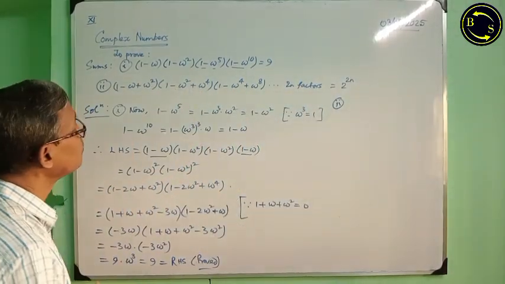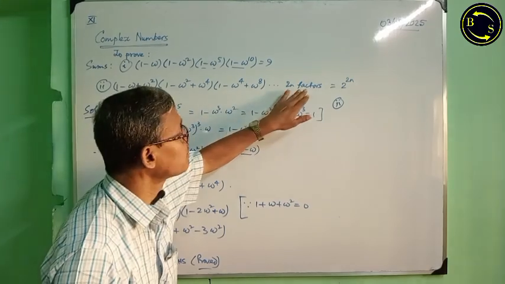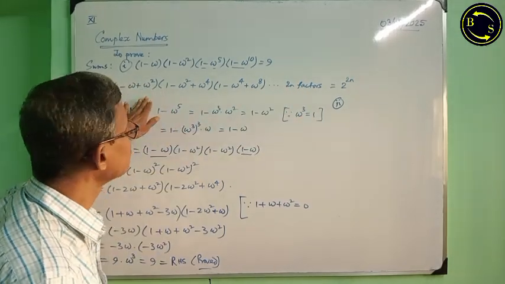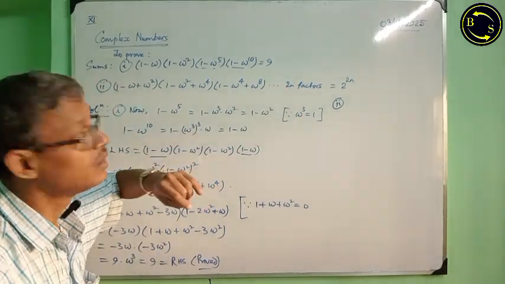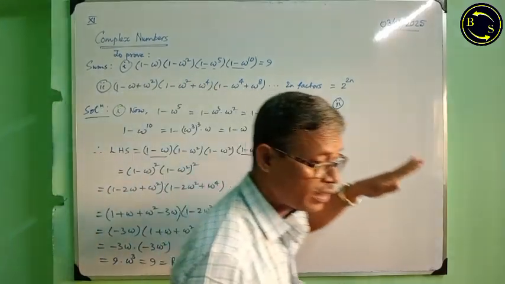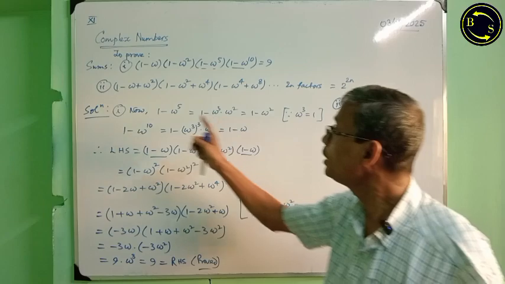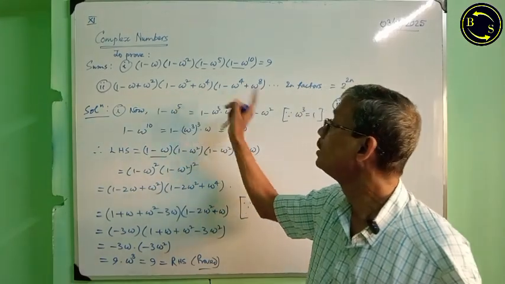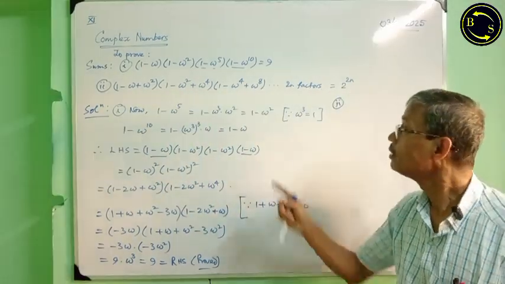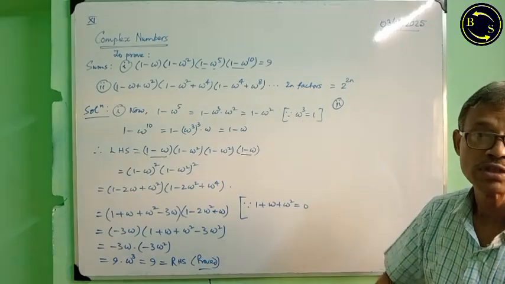First of all, there are 2n factors. First 3 factors have been written. For solving that, we first simplify each of these 3. Then the whole is to be discussed.